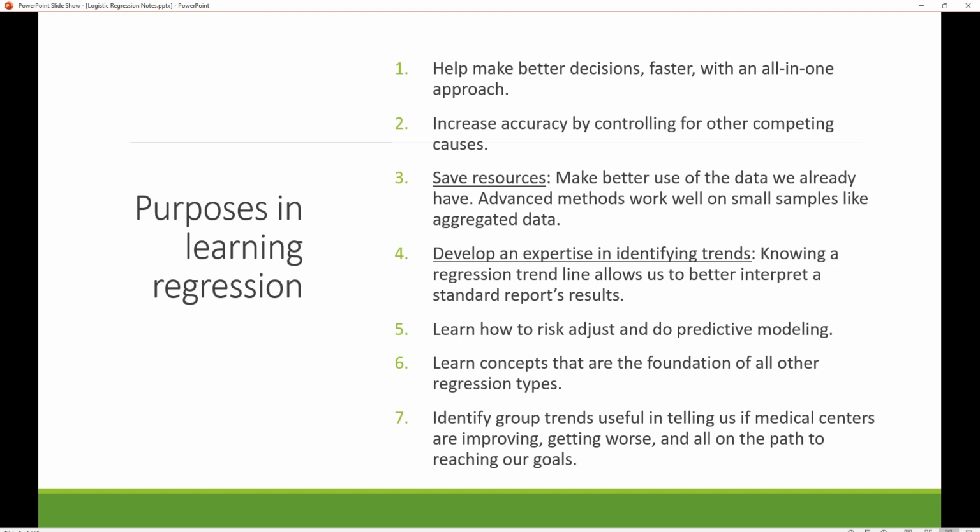Number 7, identify group trends useful in telling us if medical centers are improving, getting worse, and whether they are on the path to reaching our goals. So we can explore trends, and we can look at bigger questions and try to predict where we're going to be in the future.